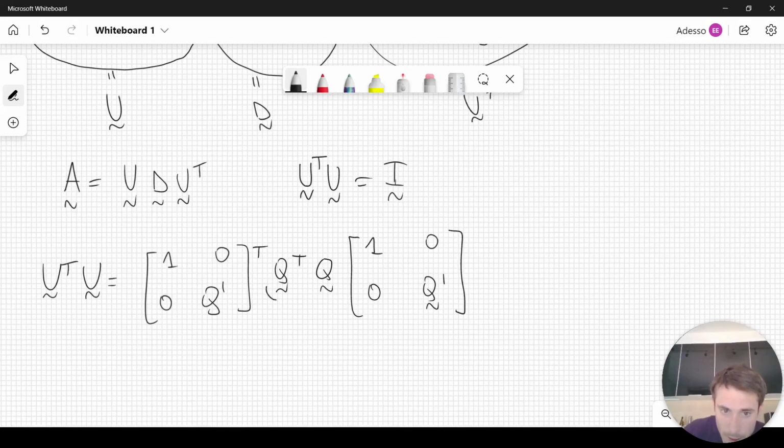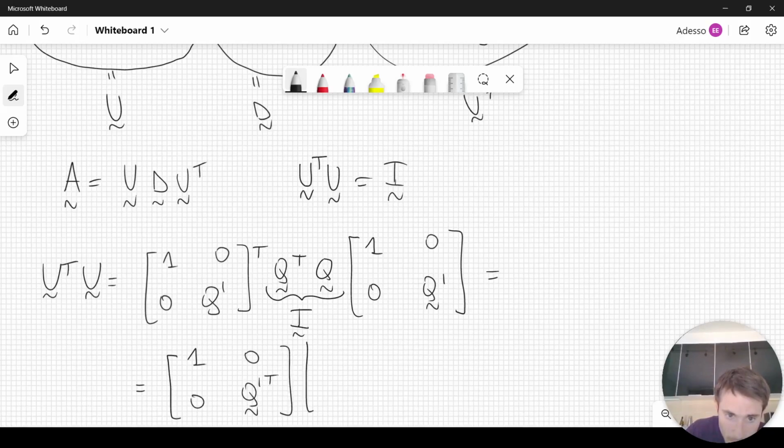But now you can easily see that Q transpose Q is equal to the identity matrix. So it means that we can write this as, we can also take the transpose. So here we have 1, 0, 0, Q prime transpose, and we have to apply this matrix to 1, 0, 0, Q prime like this.